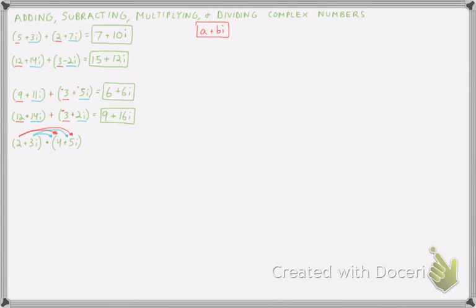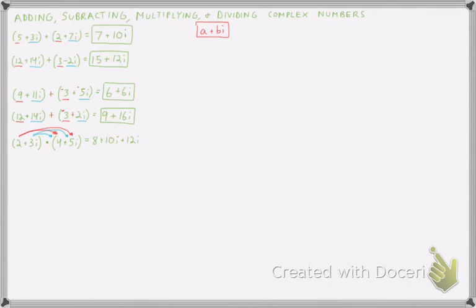It's the same principle. So what we get for our final answer is 2 times 4, which is 8. Then we'll do 2 times 5i, which comes out to be plus 10i. We then get 3i times 4, which is plus 12i.